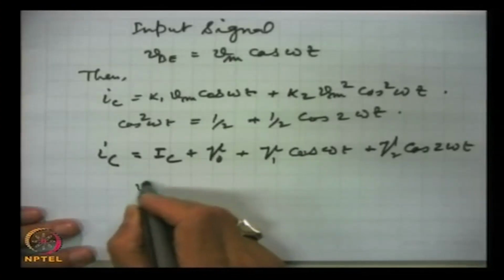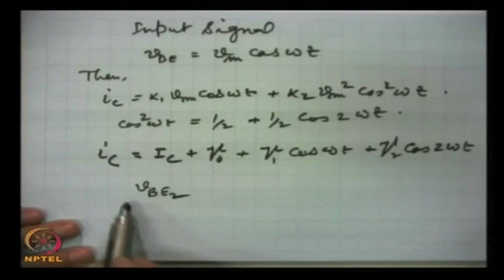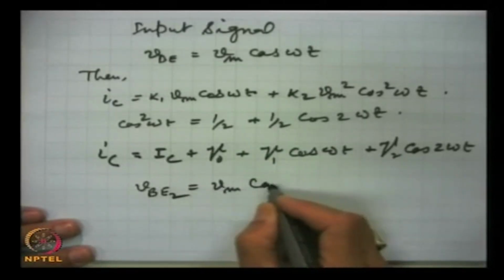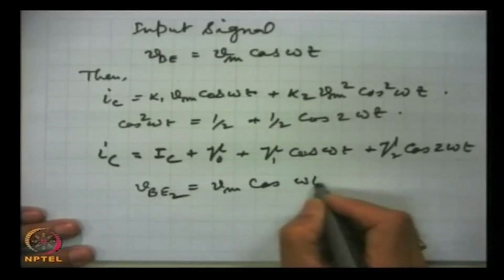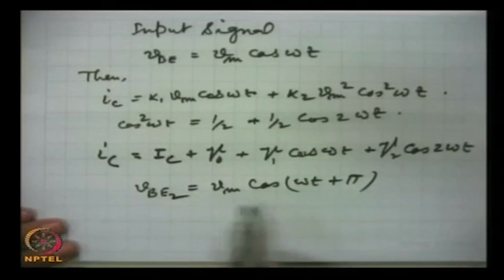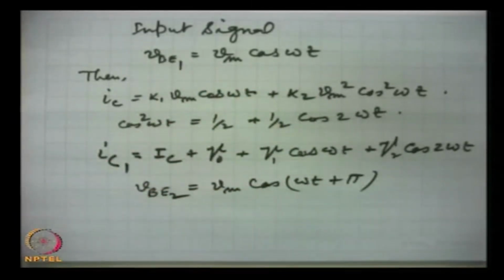So, writing the input for the second transistor as Vm cos omega t plus pi, since now we are using two transistors, this is 1, for the upper transistor, and for the lower one we are writing 2.